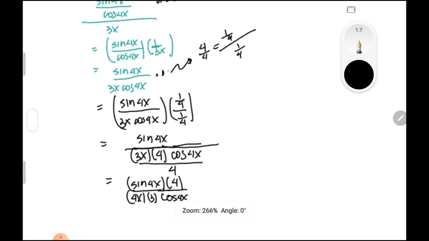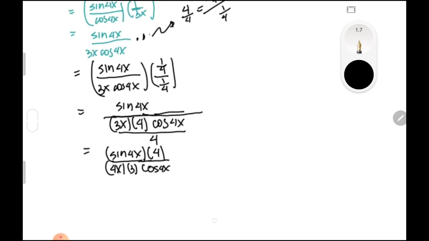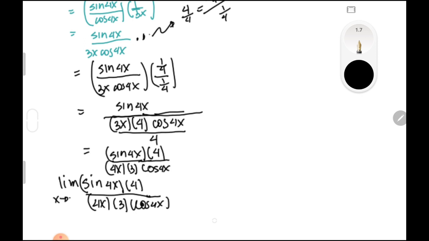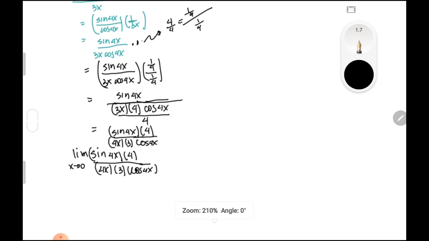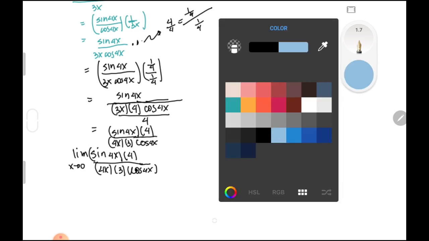So therefore we'll get the limit of sine 4x multiplied by 4 divided by 4x multiplied by 3 cosine 4x as x approaches 0, right? So therefore we'll have a value equal to 2.